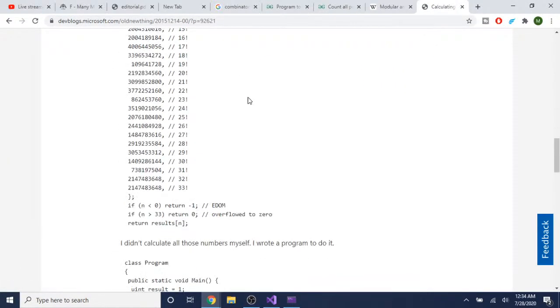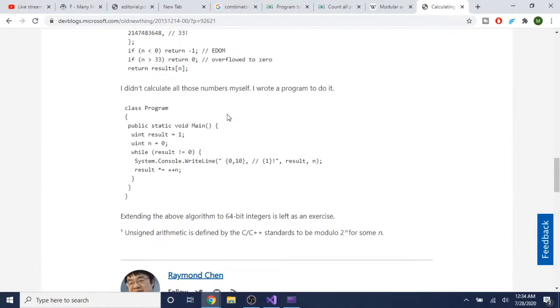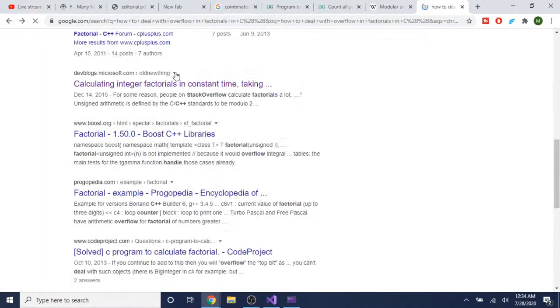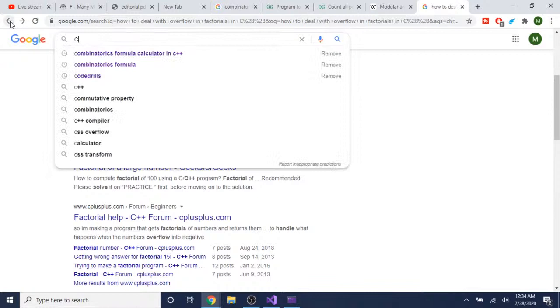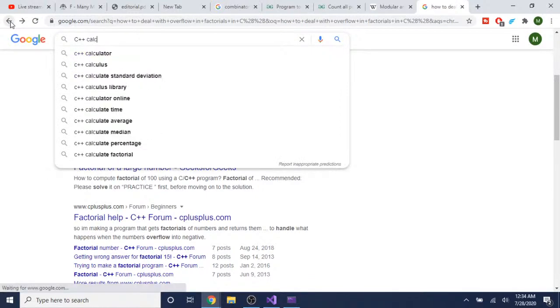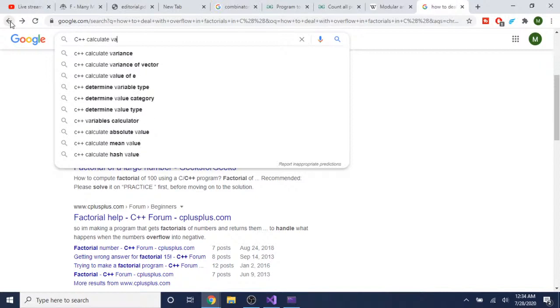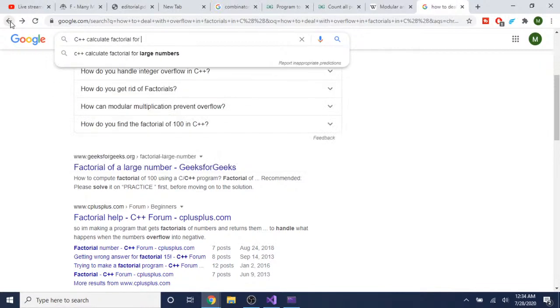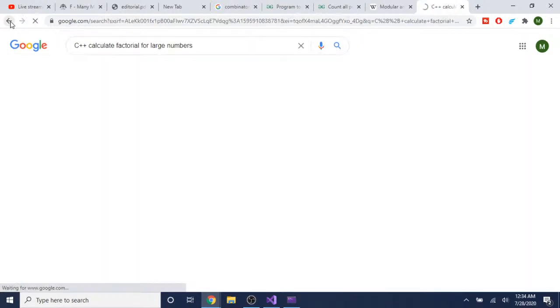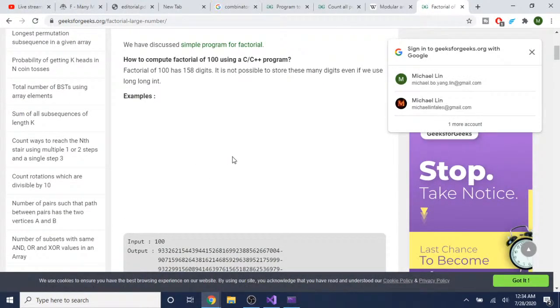There must be a way to calculate factorial without overflows. If not, I'll just look it up: how to calculate factorial for large numbers in C++. Okay, let's see.